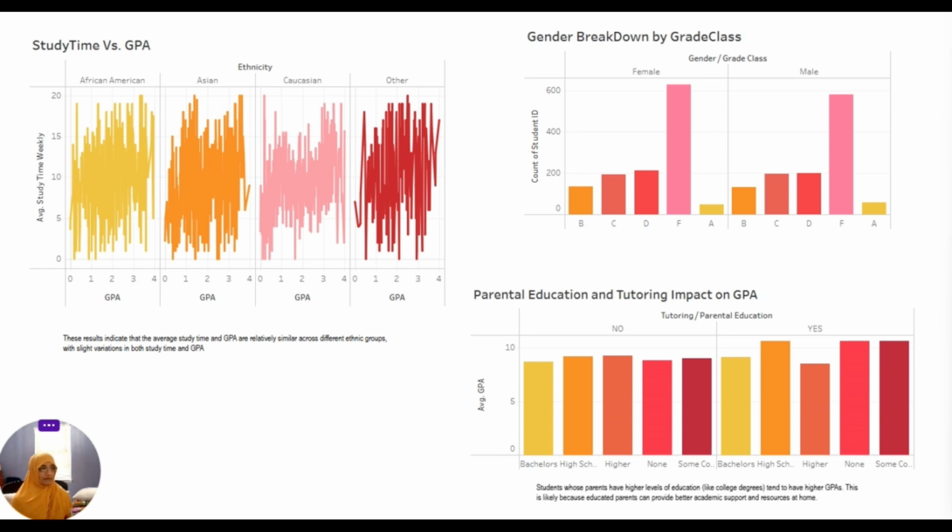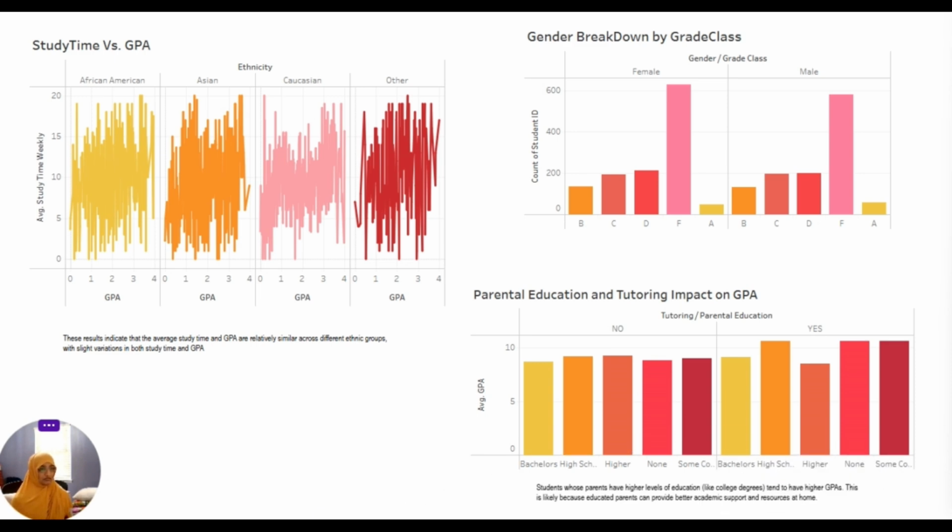But the graph on the bottom here shows that students whose parents have a higher level of education, like college degrees, tend to have higher GPAs. This is likely because parents who are educated can provide better academic support and resources at home.